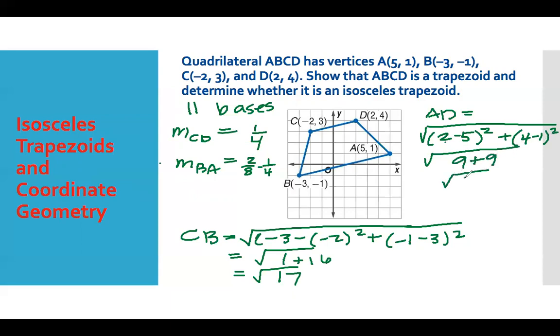So that's going to be the square root of 18. So is this an isosceles trapezoid? No, because the numbers do not match. Questions? Questions over here on the computer? All right, moving on.